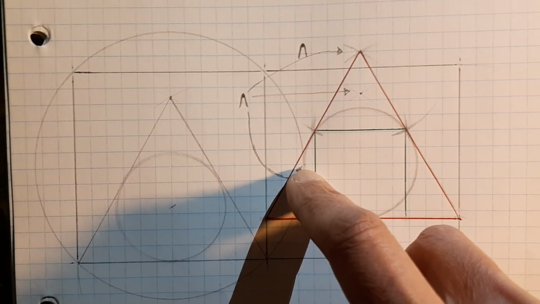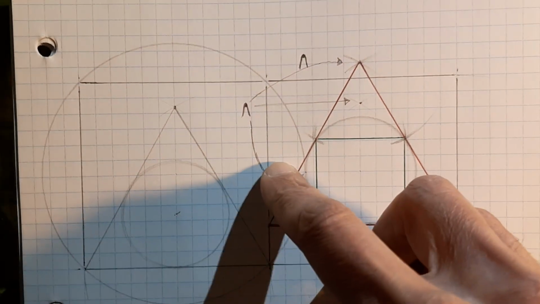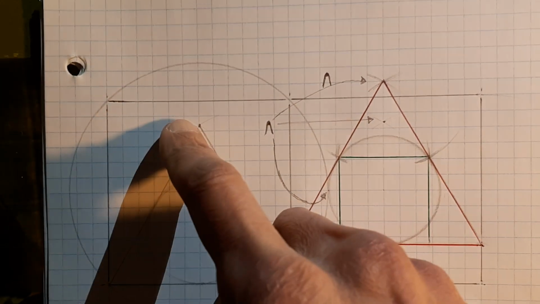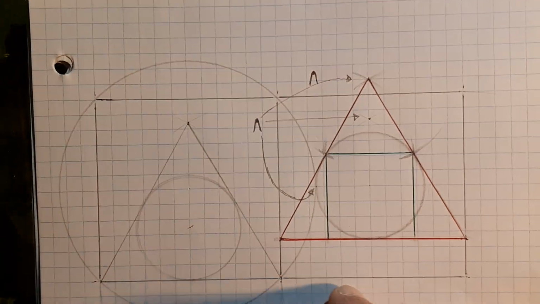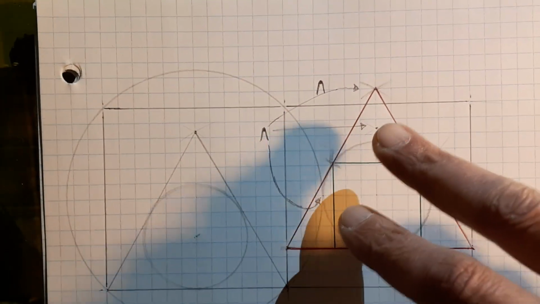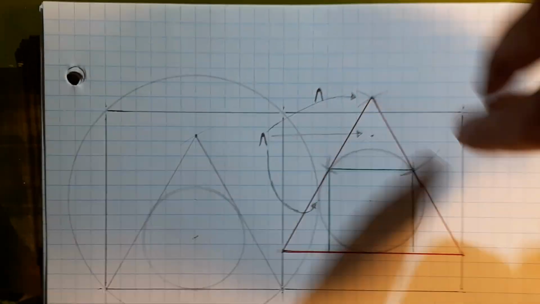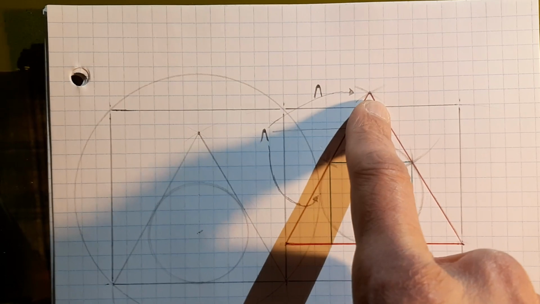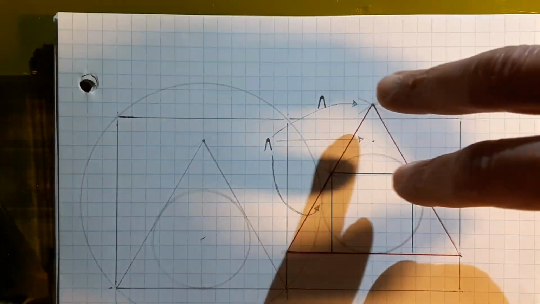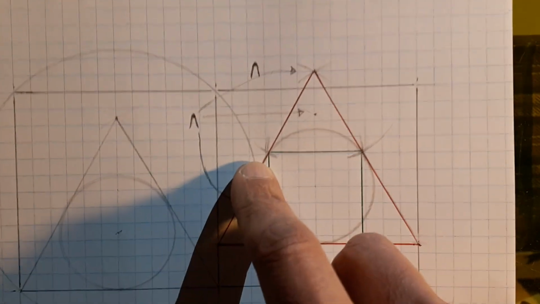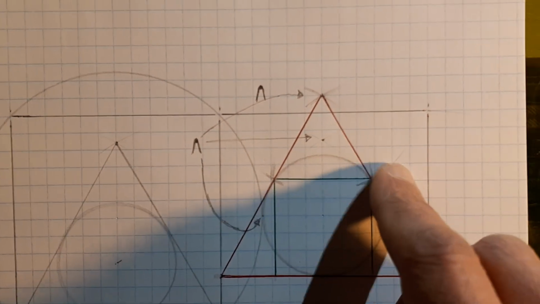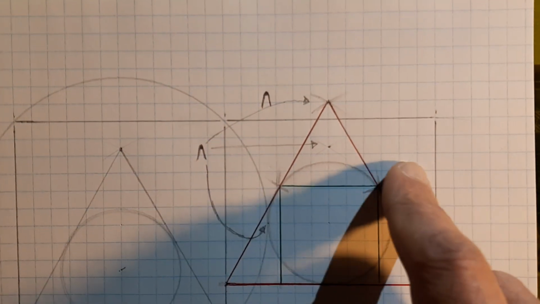So from where those two circles meet, the smaller circle and the larger circle on that horizontal axis, that measurement to the tip of where that triangle would otherwise normally be, that distance there, you take that distance with your compass or your divider, you take it to that point up there, and then when you make that arc, it'll cross the two points of the side of the triangle right there.